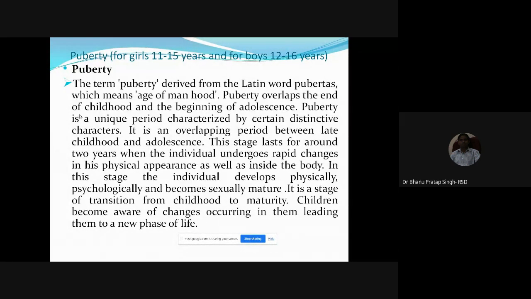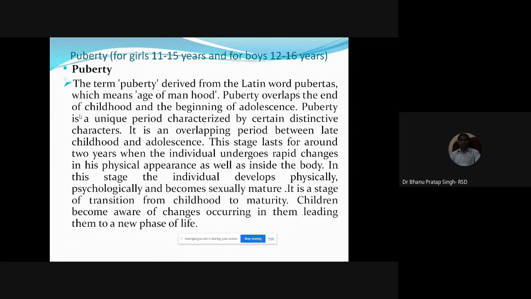After 12 or 13 years, the child starts becoming a man. Although the development and growth in male and female are found to be different, the characteristics are the same. This is the overlapping period between late childhood and adolescence.